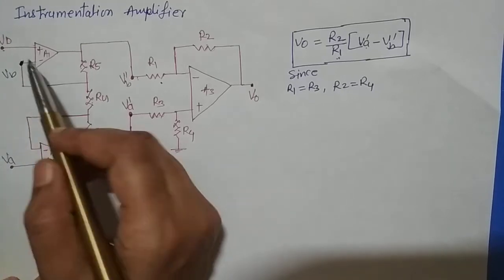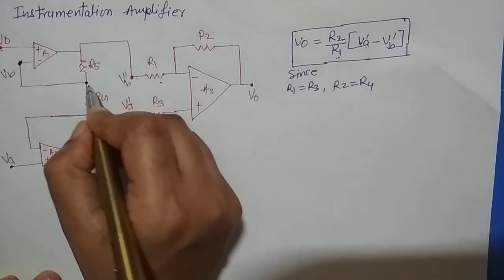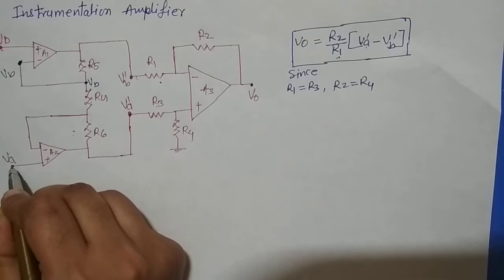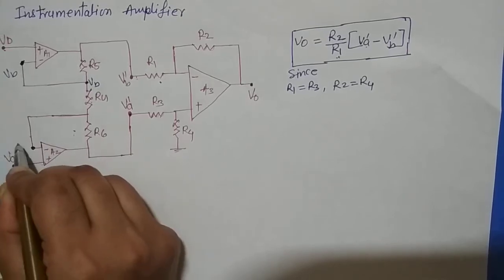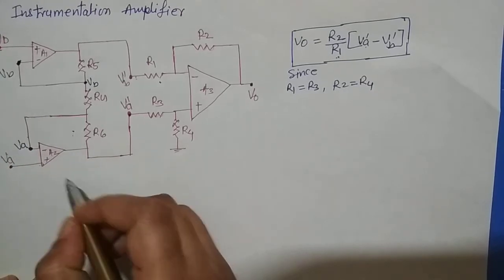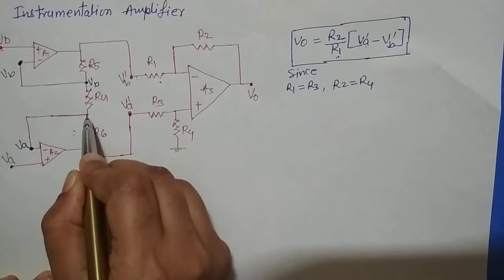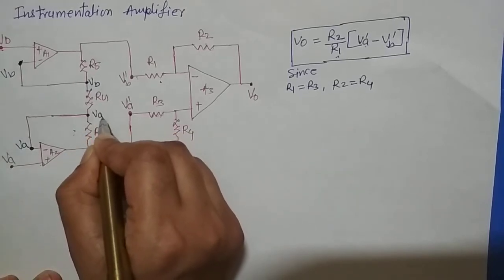This node is shorted to this node, so here also the voltage will be VB. Similarly, if VA is applied at this terminal, VA will also be applied at this terminal, and this node is shorted to this node, so here the voltage will also be VA.